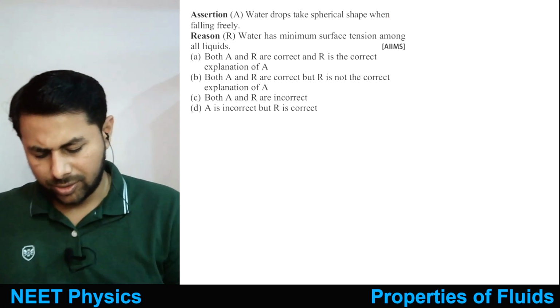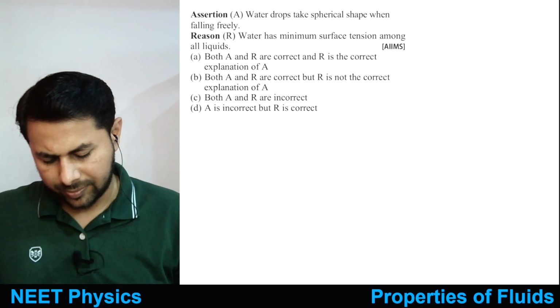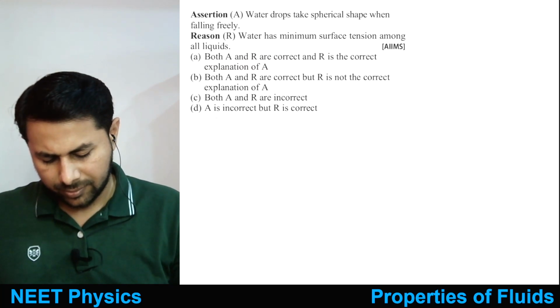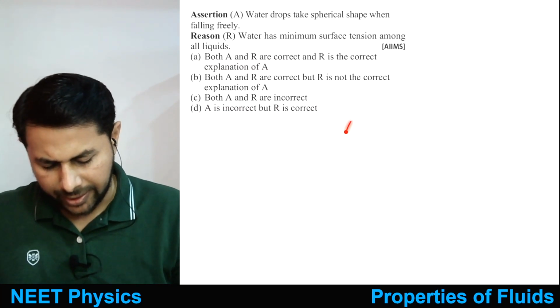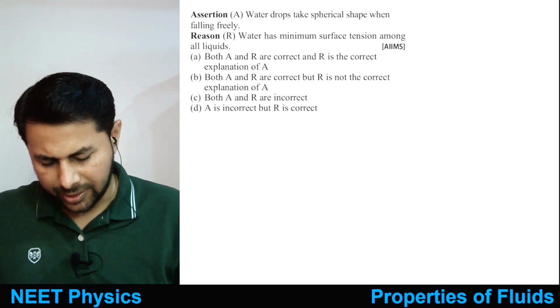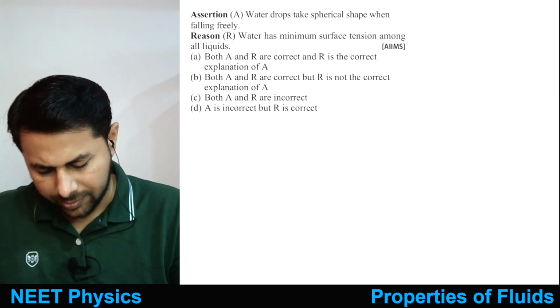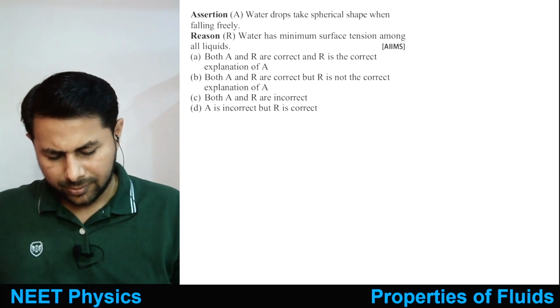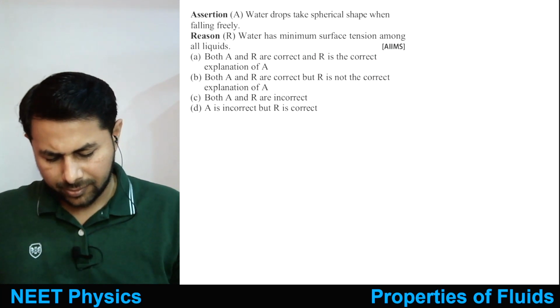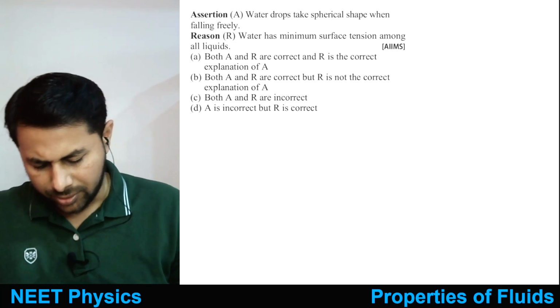So its answer should be A is correct. Oh, it should be opposite to this one. Option D: A is correct and B is incorrect. There is no such option.